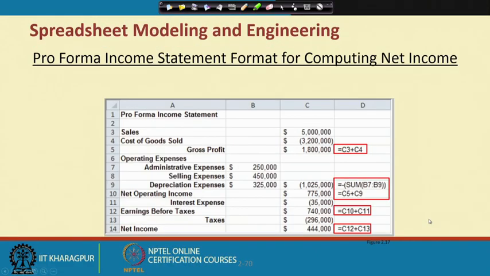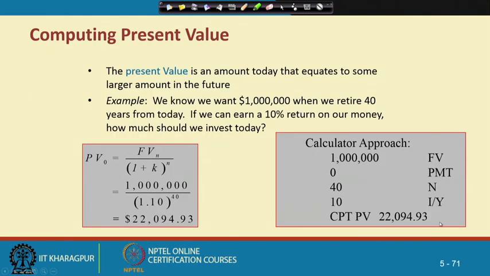This is a similar kind of example, so you can go through all these details. This is another example, and since we have no time, I am just highlighting that we have already discussed this kind of problem in the net present value criteria.